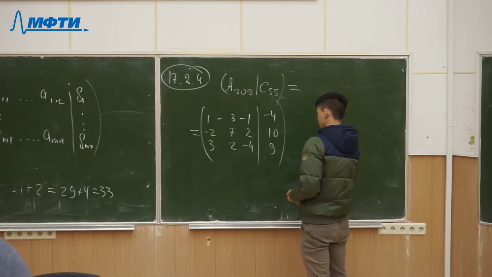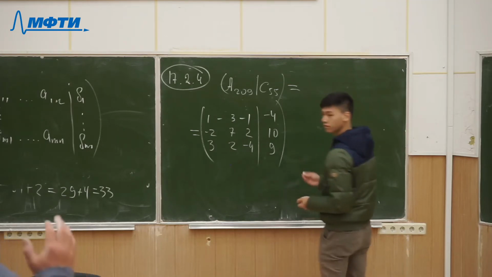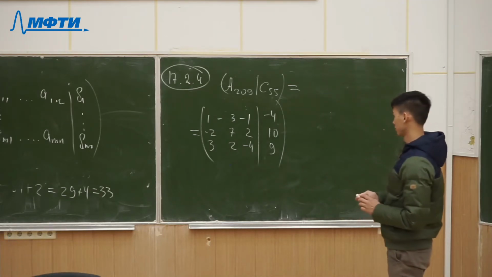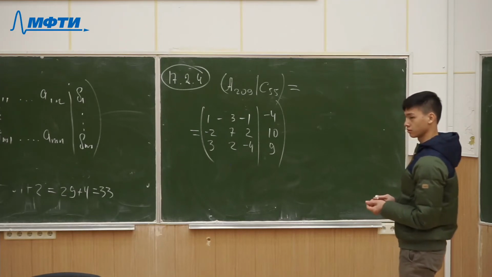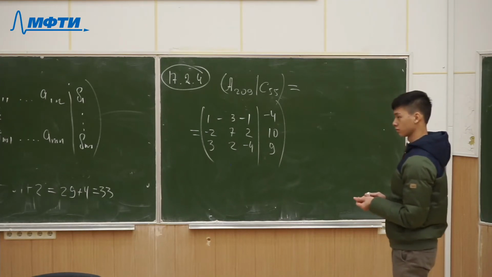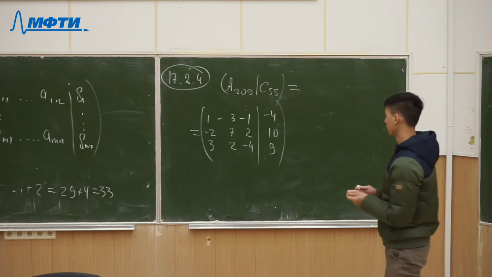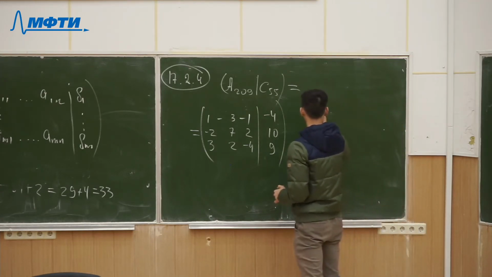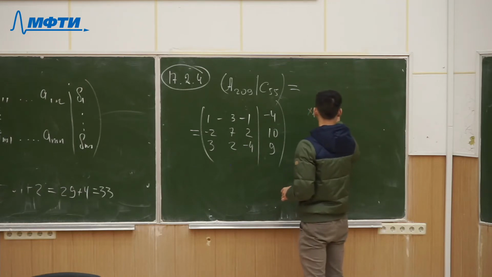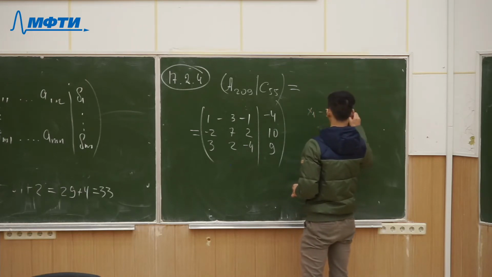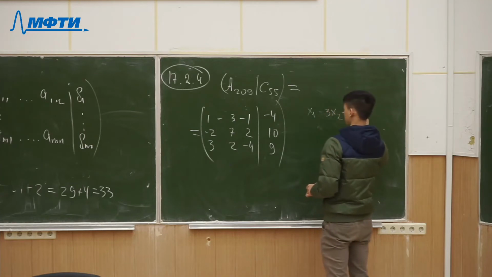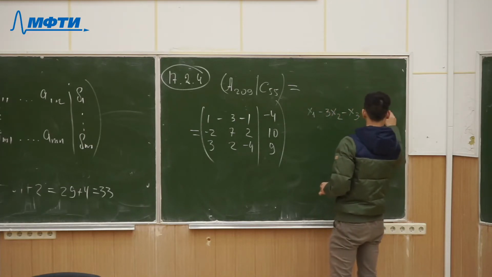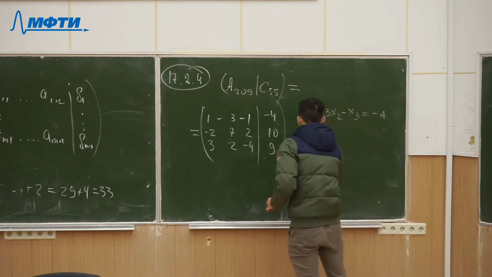At the beginning, we have to write the system of equations, like this. Yes, it's the first task. x1 minus 3x2 minus x3 equals minus 4, exactly.